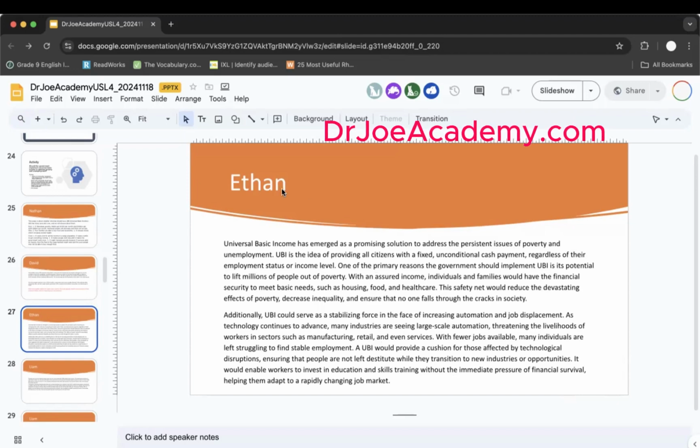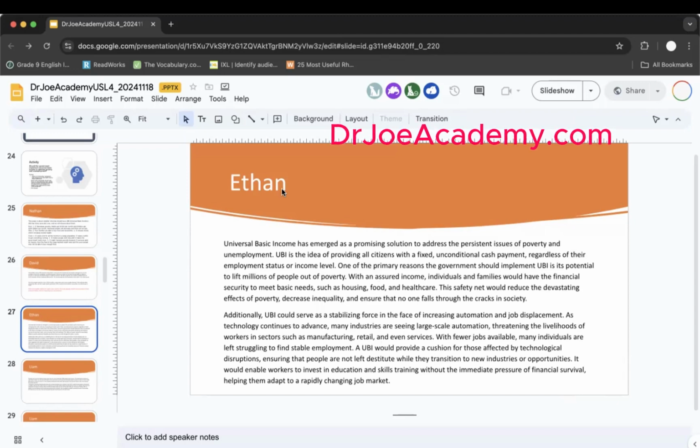Additionally, UBI could serve as a stabilizing force in the face of increasing automation and job displacement. As technology continues to advance, many industries are seeing large-scale automation, threatening the livelihoods of workers in sectors such as manufacturing, retail, and even services.